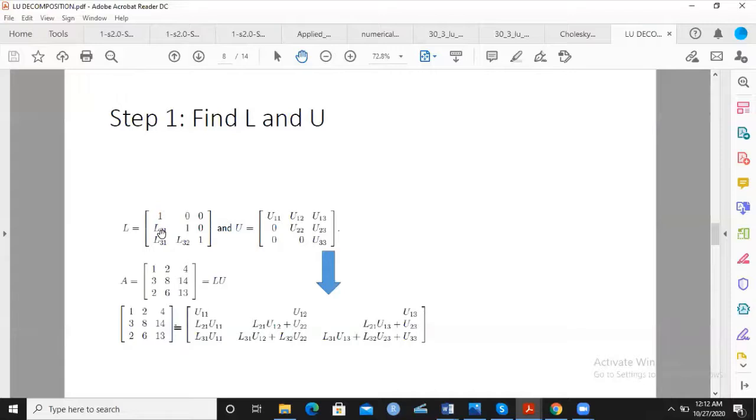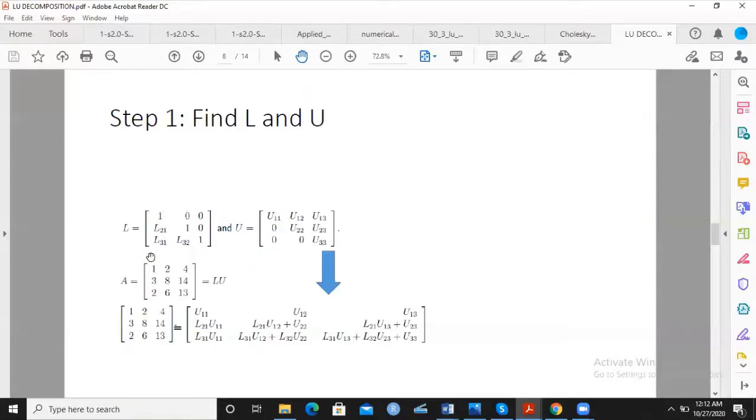To find 9 unknowns, I need 9 equations. All right. So now I know that I said A is equal to LU. So I can substitute the value of L here and the value of U here, multiply the two matrices and put it equal to A to find the values of these 9 unknowns.